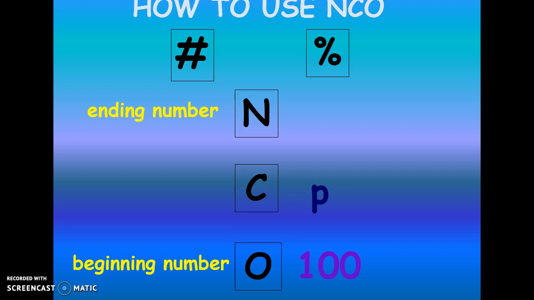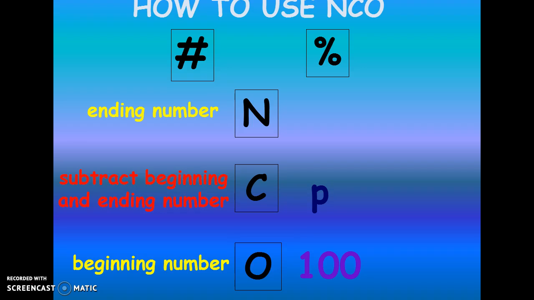Now, we need to find how much this change is between the beginning and the ending number. So the way we find the change in math is represented by subtraction. We are always going to subtract the big number minus the small number. It doesn't matter if the bigger number is with the original or if it's with the new. You're always going to do big minus small.